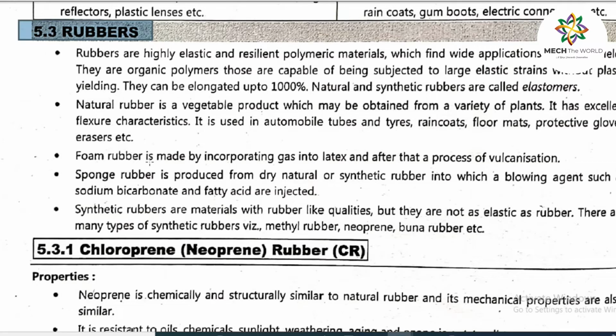So there are basically two different types of rubbers. The first one is natural rubber, which is obtained from vegetable products. In most of the trees, if you have observed, we naturally collect the rubber from trees.